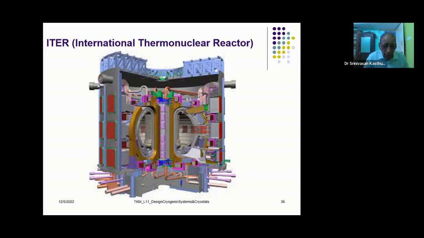India is also one of the partners, and India basically provides the cryolines and the cryogenic systems. There are a lot of people who work at the Institute for Plasma Research on this particular program, and they take care of many things.